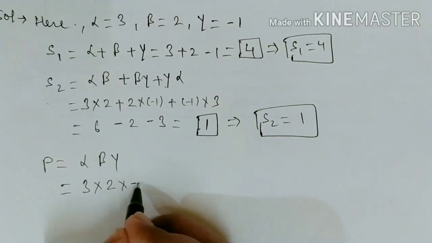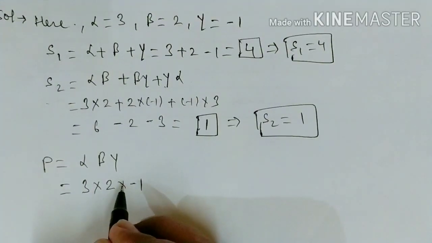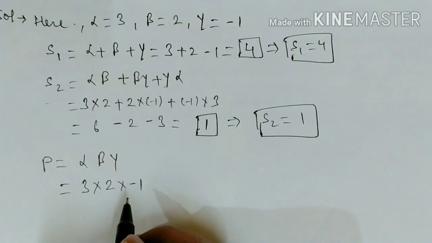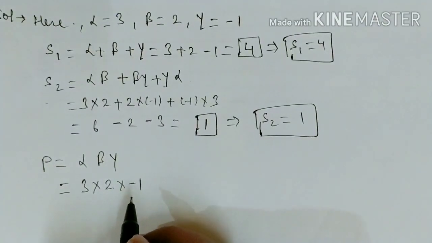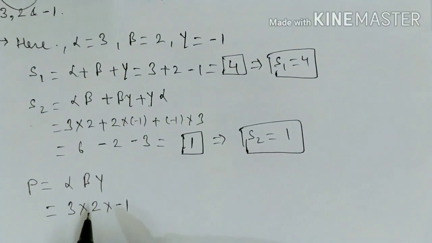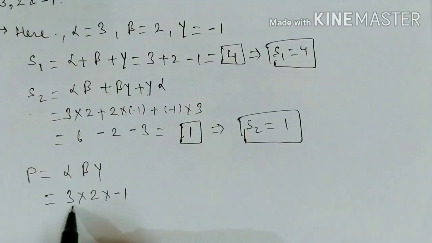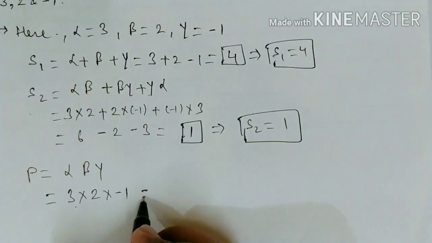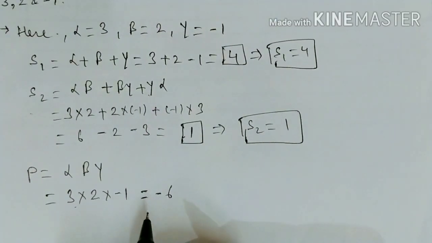Beta is 2 and gamma is minus 1. So 3 into 2 is 6. What is 3 into 2? 6. 6 into minus 1 is minus 6.